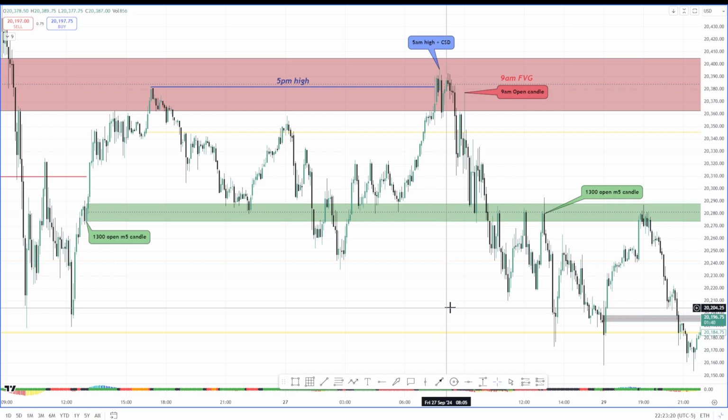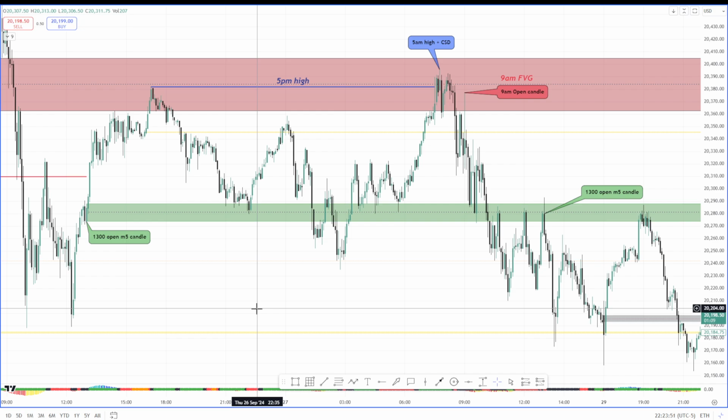All these things that I'm showing to you are completely based off of all my studies from ICT. So dealing ranges, fair value gaps, highs, lows, order blocks, London, New York.